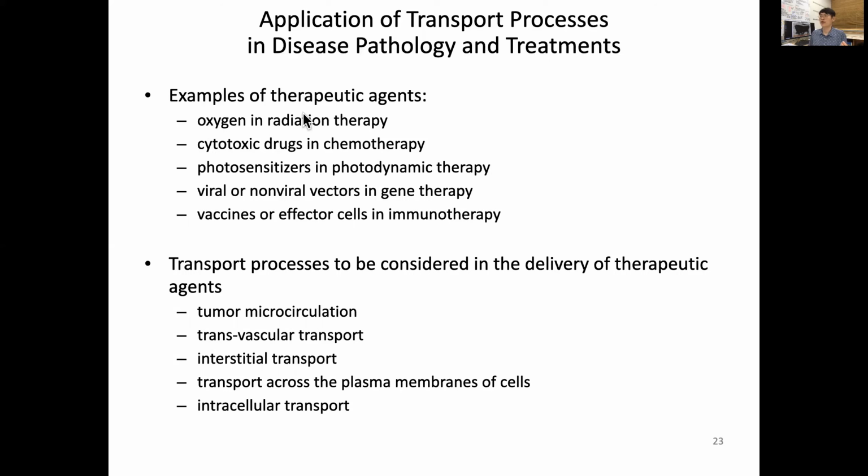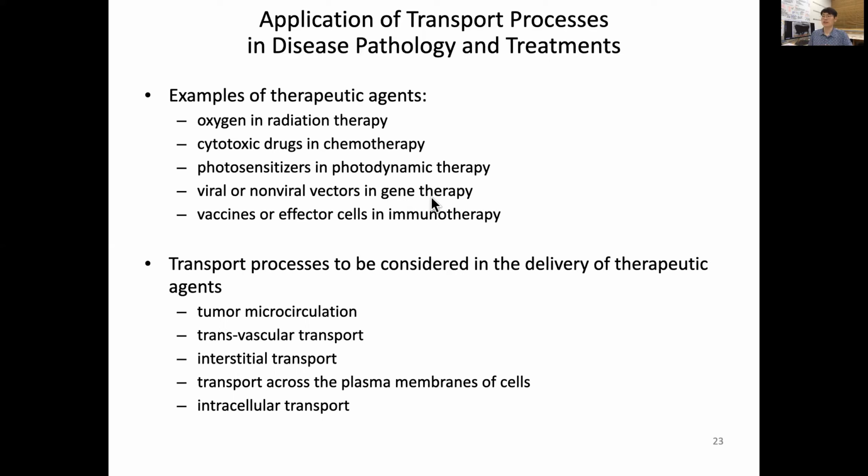And we have other therapeutic agents, so-called photodynamic therapy, which utilizes photosensitizers, which hopefully get well into the tumor, and we use a light to activate this photosensitizer to be toxic locally to the tumor.